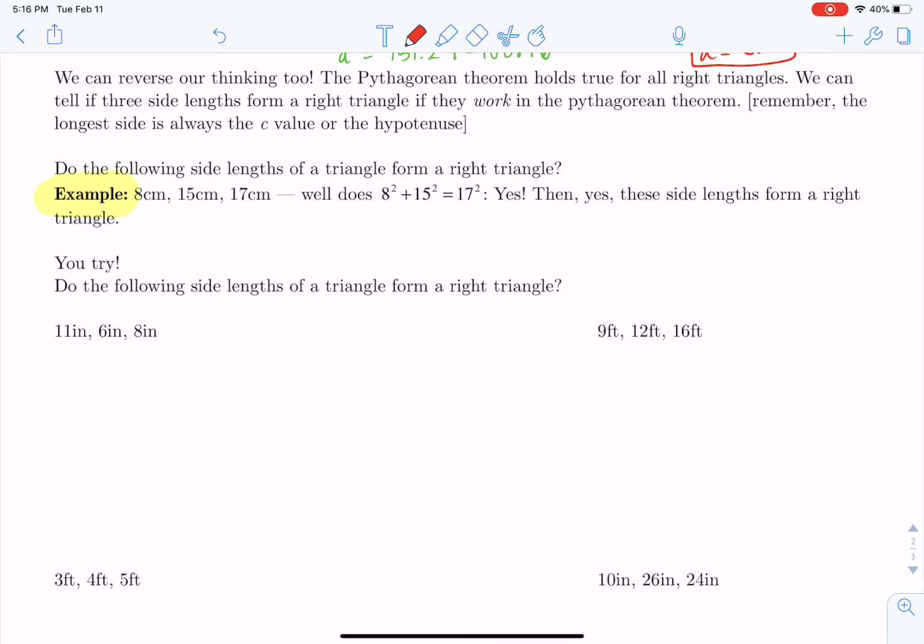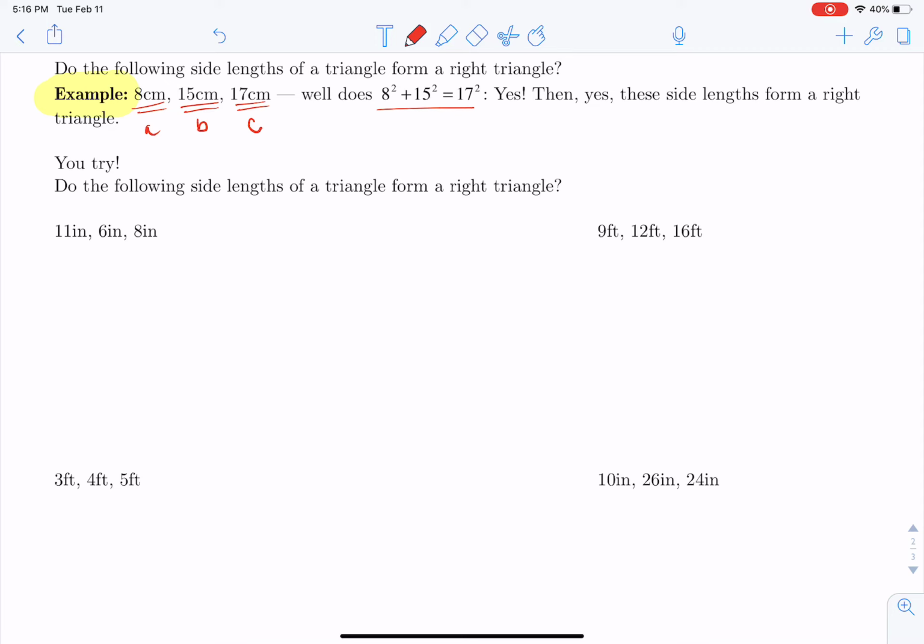If I had a triangle with three side lengths of 8, 15, and 17, I would know that since 17 is the longest, this is my C value. So we could call this A and B. Does 8 squared plus 15 squared equal 17 squared? Yes, it does. So these side lengths do form a right triangle.